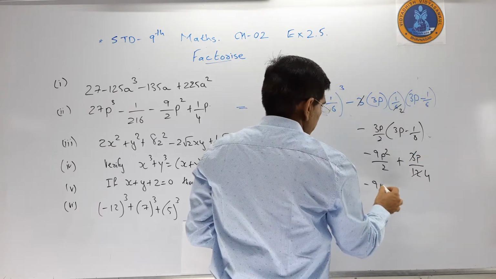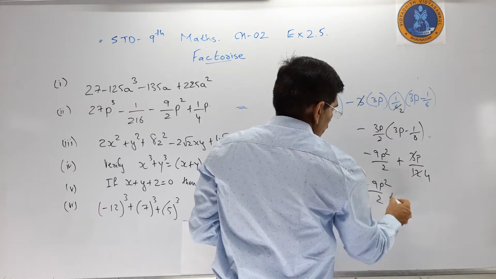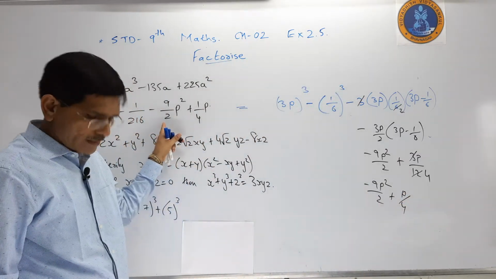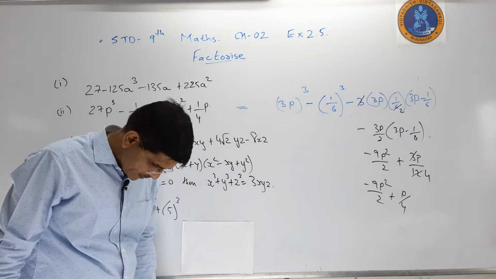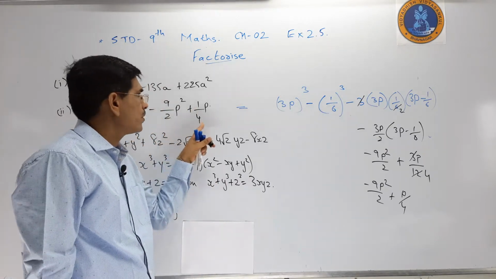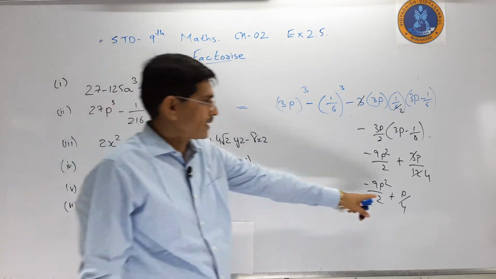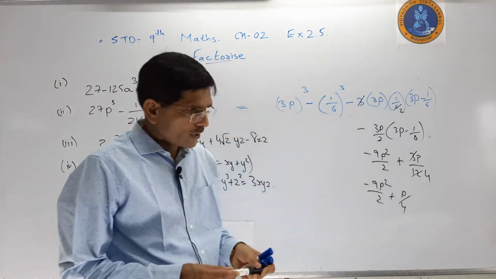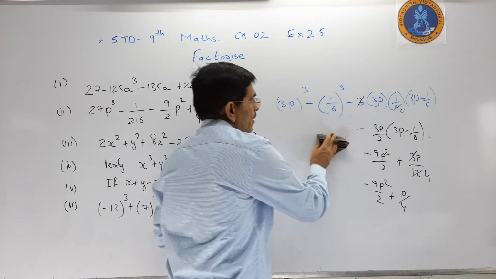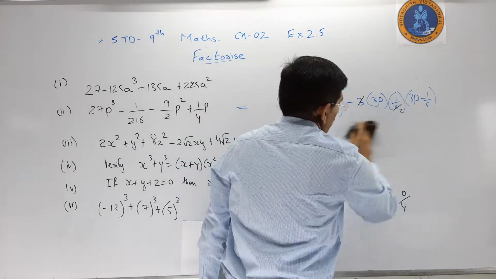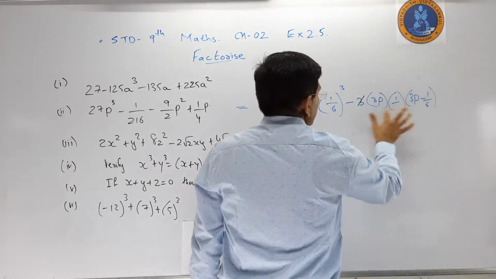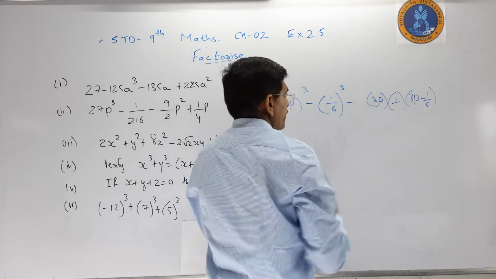So minus 9 by 2 p square plus 1 upon 4 p. So we have confirmed that we put the correct identity. No need to cancel, just for explanation I am writing this.